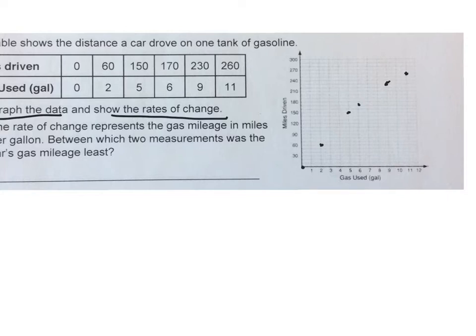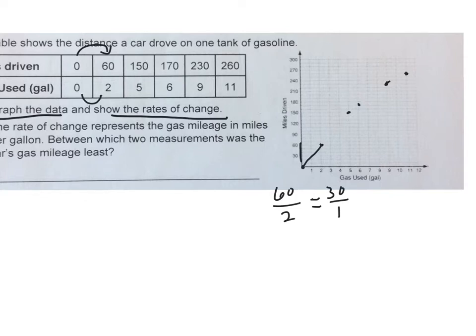Now what it wants us to do is, it shows the distance a car drove on one tank of gasoline. So from right here to here, it wants to know our rate of change. So our rise was 60 and our run was 2. So that gives me 30 over 1. And that was from 0, 0, so a rise of 60, and then a run of 2.